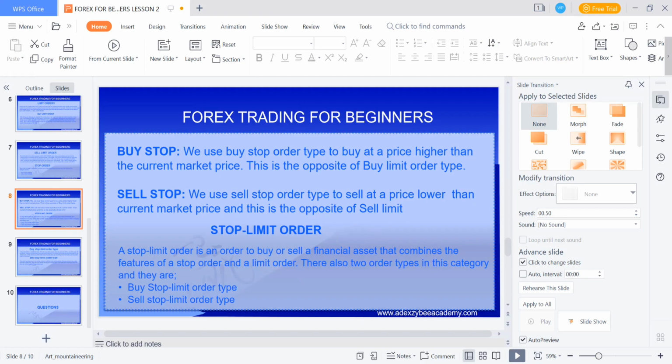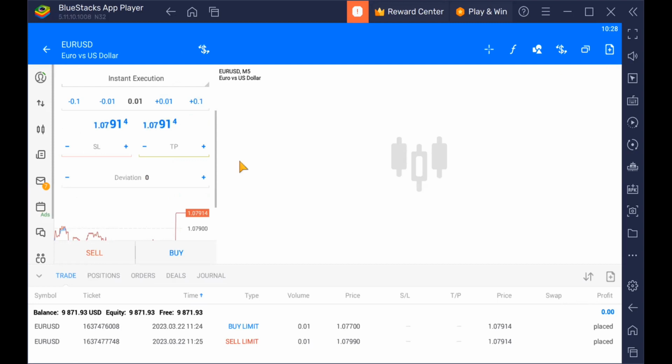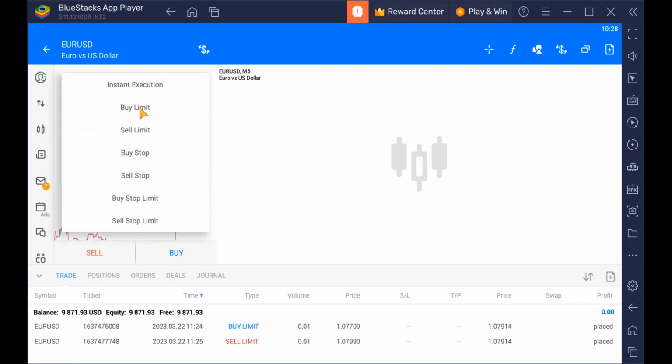Let's look at it on MetaTrader and see what it looks like. All right, we are here now, where we place the order.